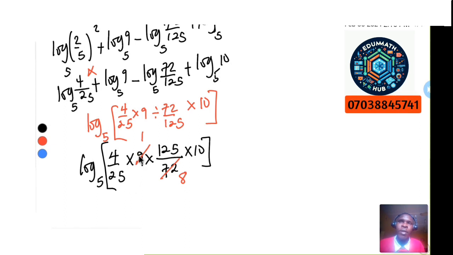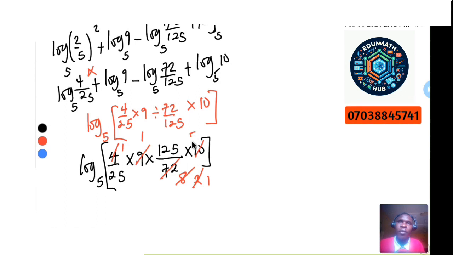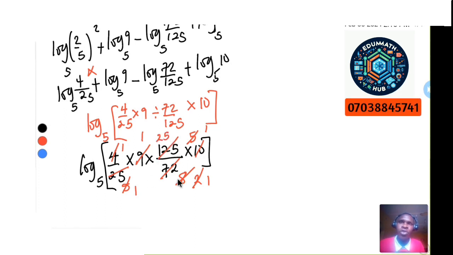Then 4 in 8 gives you 2. 2 in 10 will give you 5. 5 in 25 will give you 5. So you are left with 1, 2, 5 and 5. Then 5 in 125 will give you 25. So at the end of the day you are left with just 25.